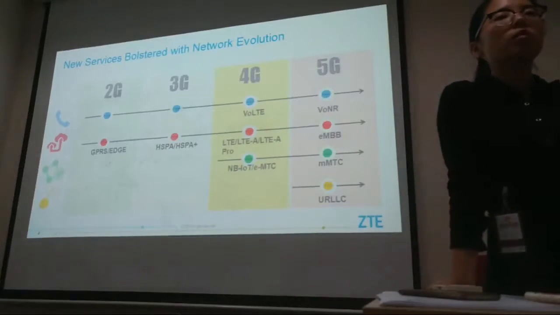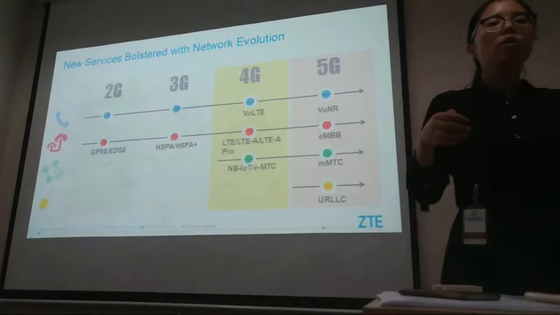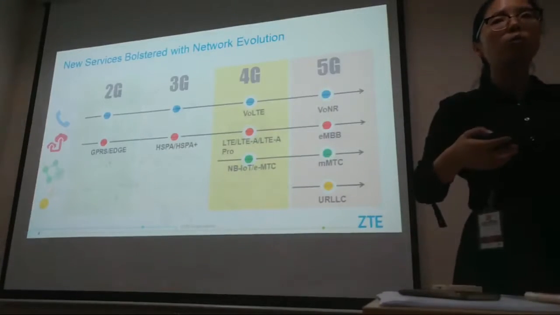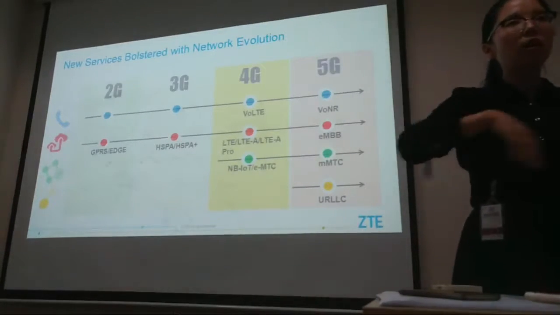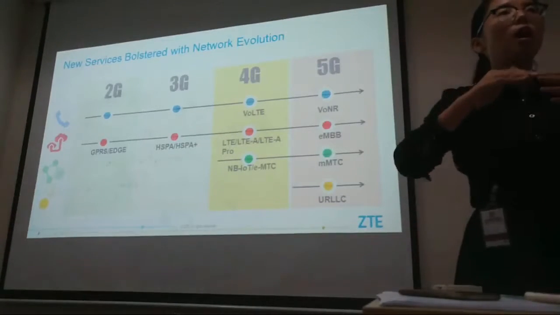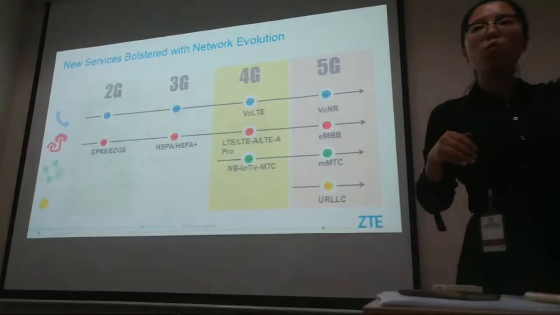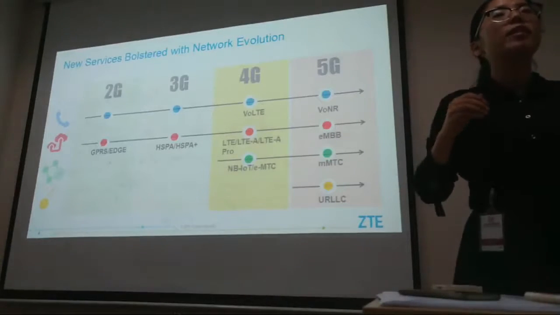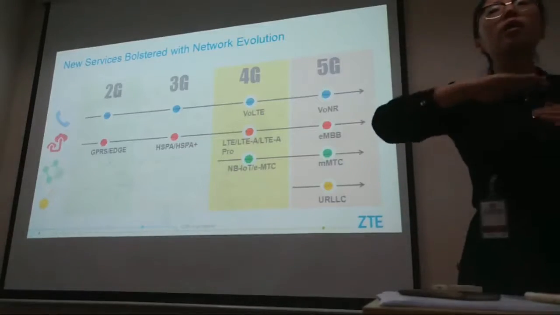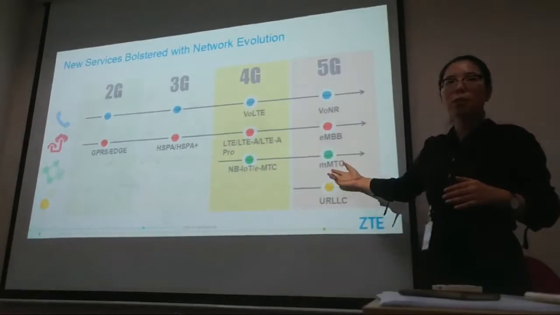But in the future, with machine type communication, you have the cell phone, and in your home, the smart home. All the devices in your home can communicate, and we have the smart water meter like this. All the devices generate a great number of connections, larger than human connections. So it's massive machine type communication.